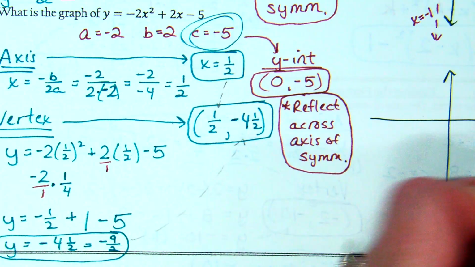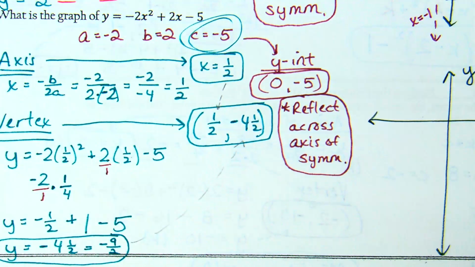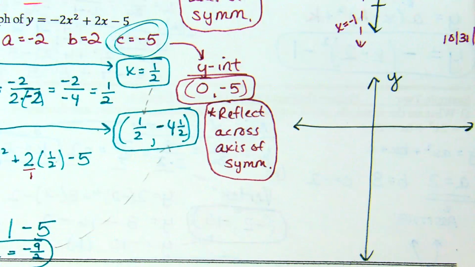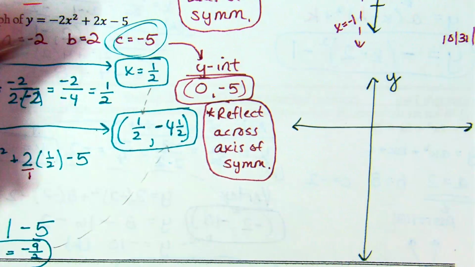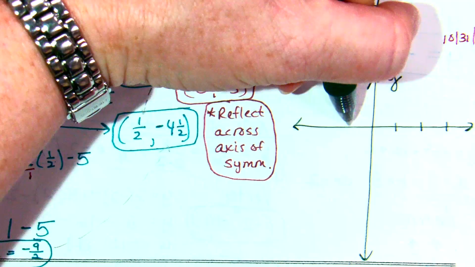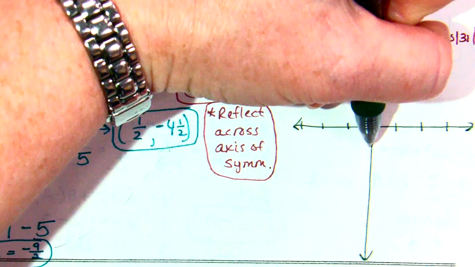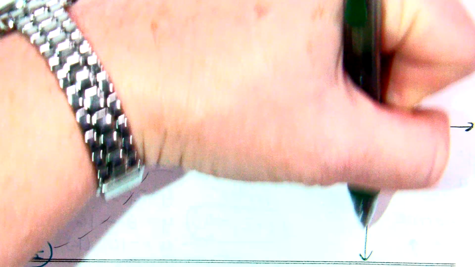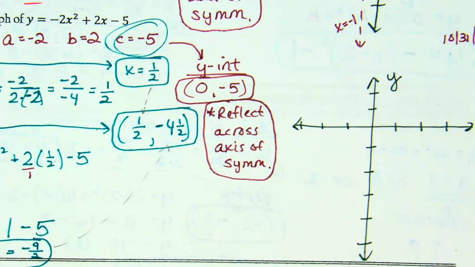Just saying there. Okay. I did make sure that I can go 5 down. I went like 2 or 3 left each way.